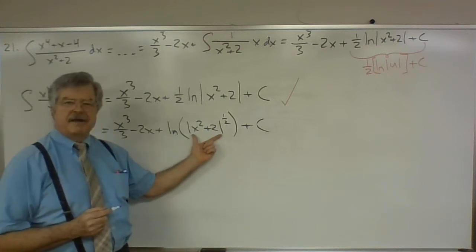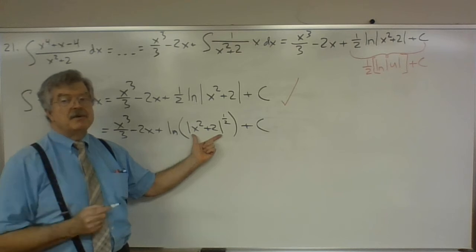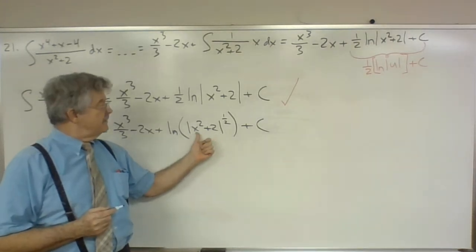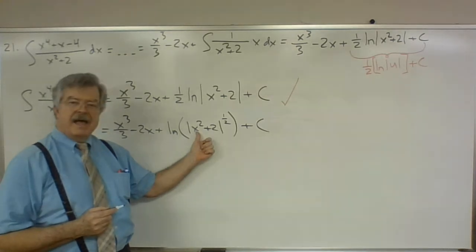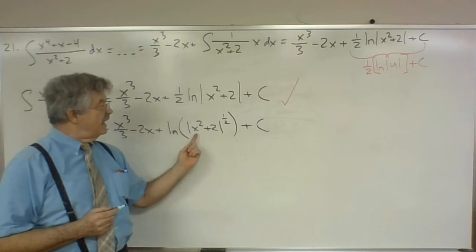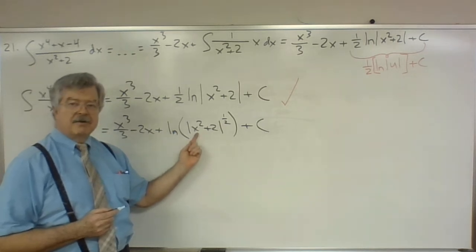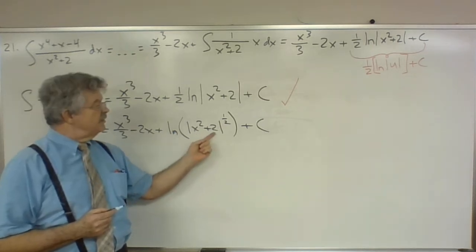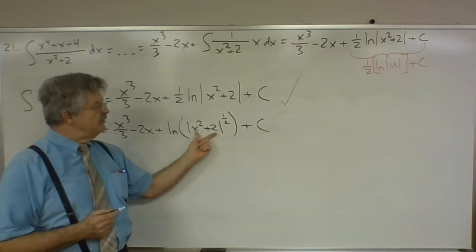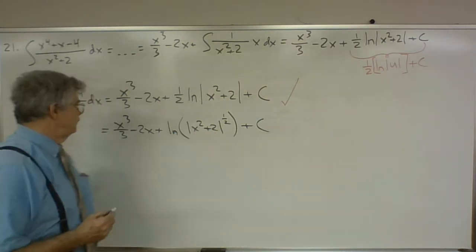And I'm not done yet. These absolute value bars, it turns out I don't need them here because x squared plus 2 is always positive. X squared is never less than 0. So x squared plus 2 is never less than 2. So I don't really need these absolute value bars here.